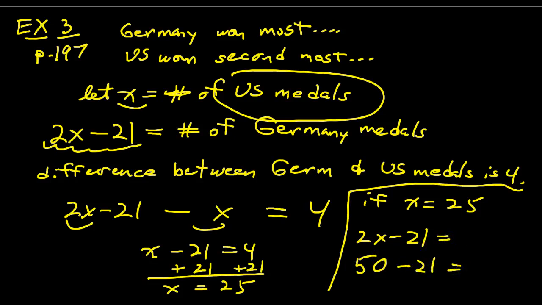And of course, 50 minus 21 is going to be 29. All right? So 25 is the U.S. medals. The book didn't ask for that, though. They asked for the number of German medals. And there we are. The German medals is going to be 29. All right, not too bad. Same as the earlier ones, with maybe a new little wrinkle.